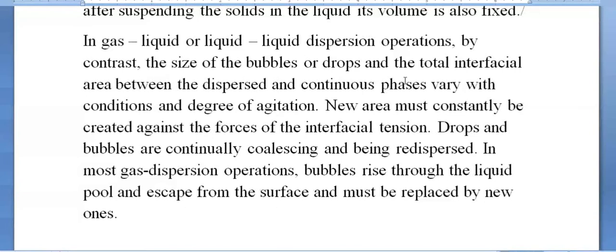And the second one is the degree of agitation. What is the meaning of degree of agitation? How we are able to create the flow currents, how much time we take to establish those flow currents, and what the turbulence is, how fast the flow currents are moving inside the system. All these parameters come under the factor called degree of agitation.